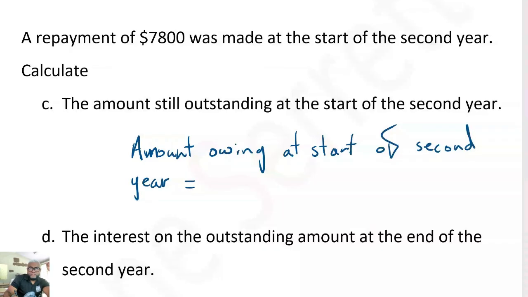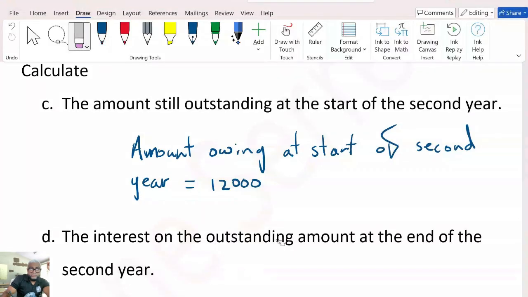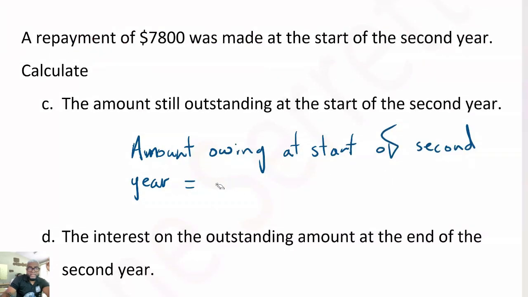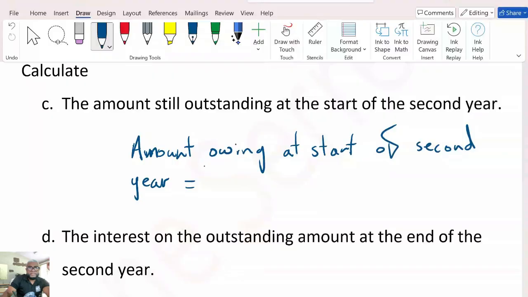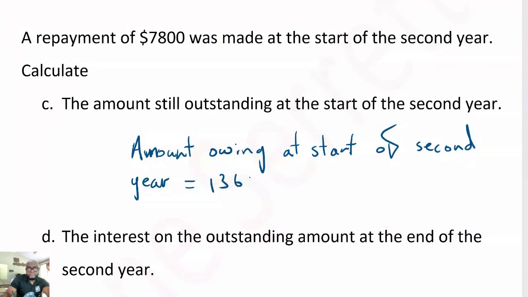So this will be equal to 13,680 minus the 7,800, which will leave me with 5,880. You all get this?